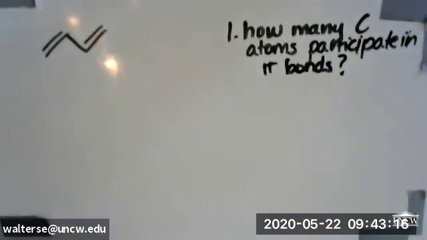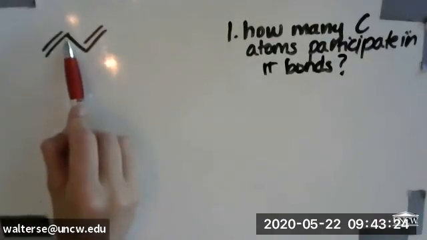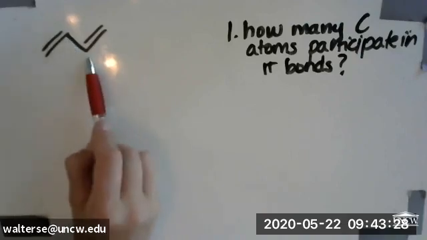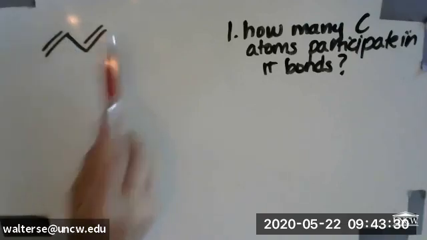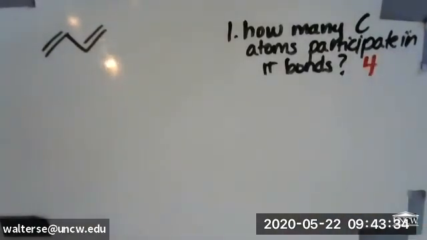And you just literally look at the diagram and you'd say, well, this carbon is participating in a pi bond. This carbon is participating in a pi bond. So is this one. So is this one. Okay, so that means you have 4 atoms that are participating.